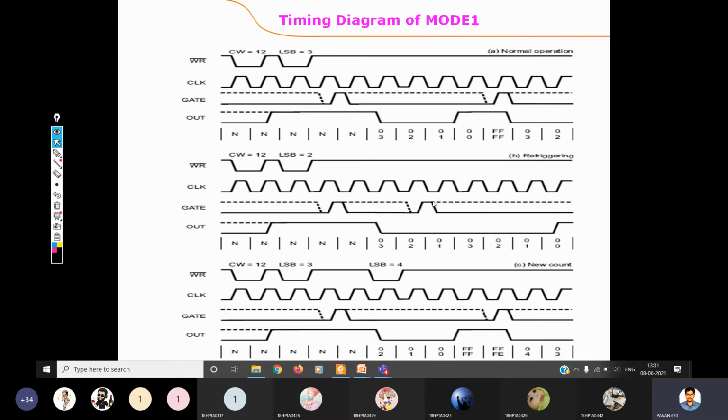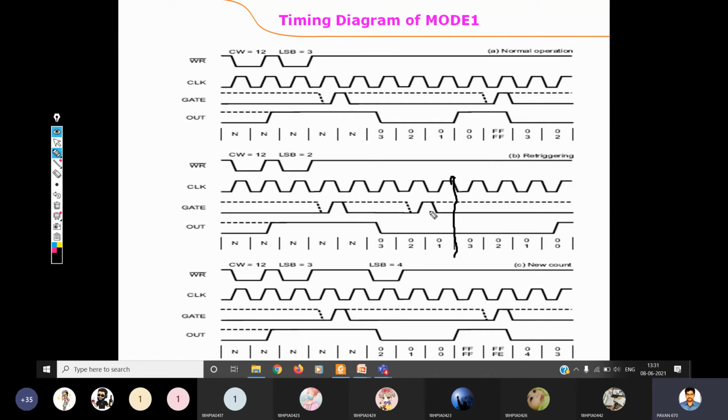Then it will take another one cycle to come into effect, and then it will block that count value from reaching the terminal count. And what it will do? It will load that new value, if the triggering occurred.